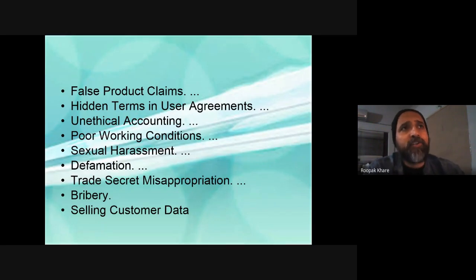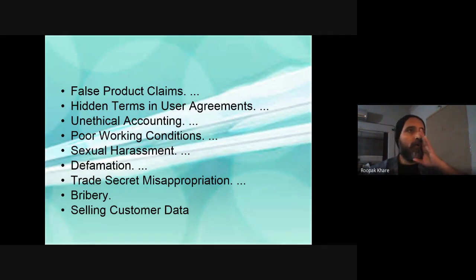Or when people are in positions of power, say a doctor, a lawyer, or an architect, or anybody of that sort, he or she recommends a certain brand or product or medicine to their customers and forces them to buy them so that they can get their cut. Unethical accounting.